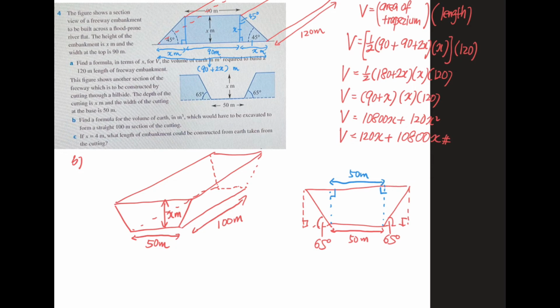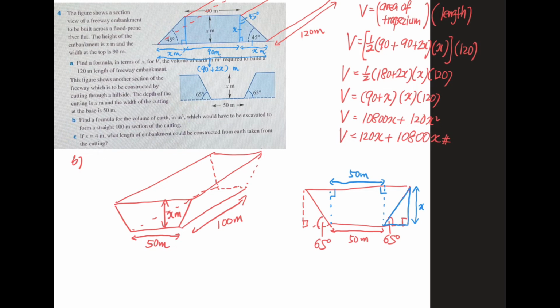Okay, so to find this out, this 65 degree will be useful here. Okay, so we know that the height is x, which means this is x, this is also x. Okay, so I know that this is going to be x. And I look at this right angle triangle.